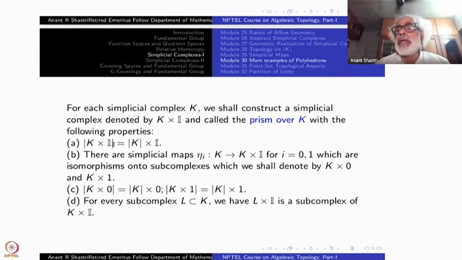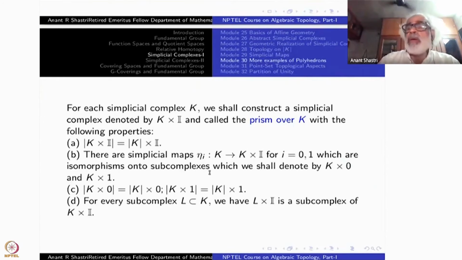Modulus of K cross I, the underlying geometric realization is mod K cross I. This is the first property. Okay. Then there are simplicial maps eta 0 and eta 1 from K, which is a simplicial complex, to this simplicial complex. So this is a simplicial map. Okay. Which are isomorphisms onto subcomplexes.